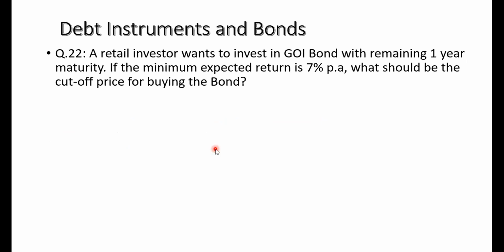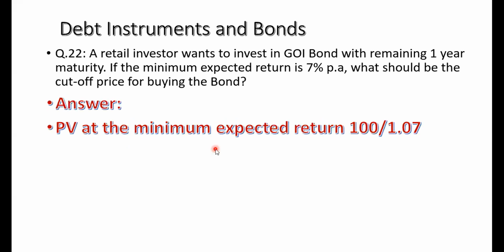Remaining just 1 year, 100 divided by 1.07. That's all. Only the words will look big. Key in 100, divided by 1.07, because already they have told 1 year. If you press equal to, you will get 93.46.